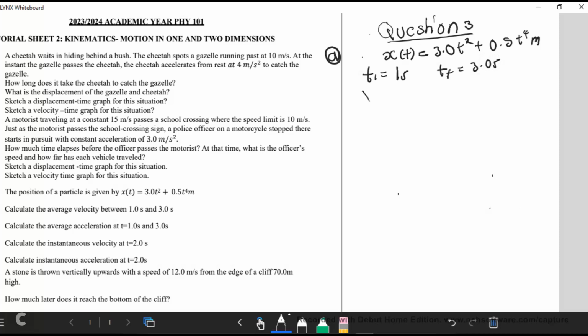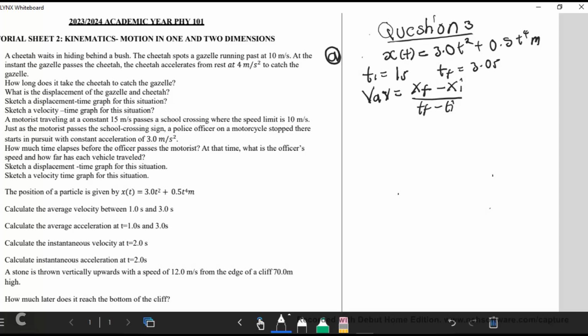It's the average velocity. How do we find the average velocity? We say average velocity is the change in displacement over change in time.